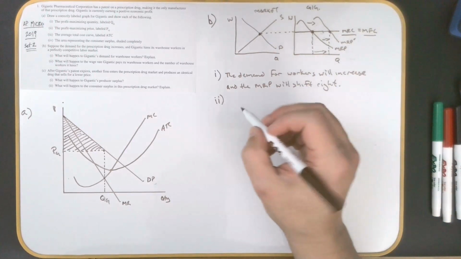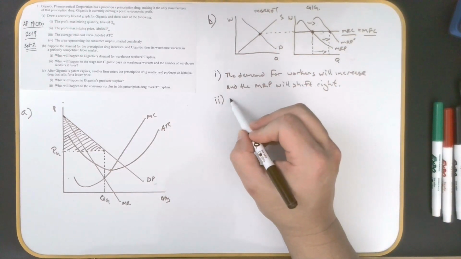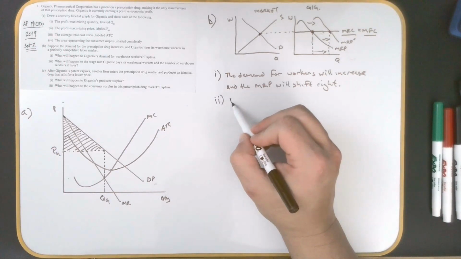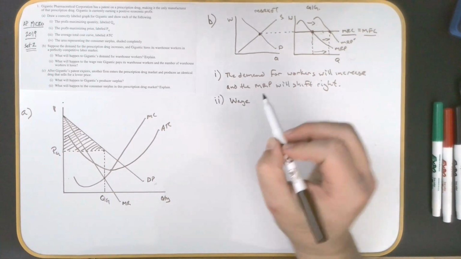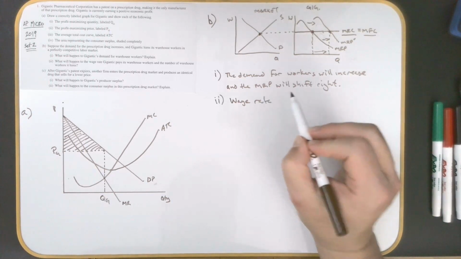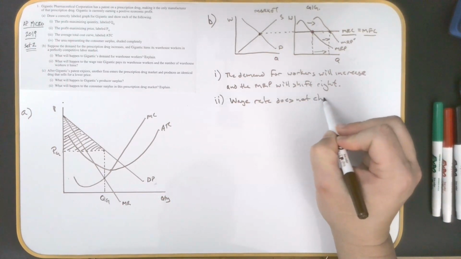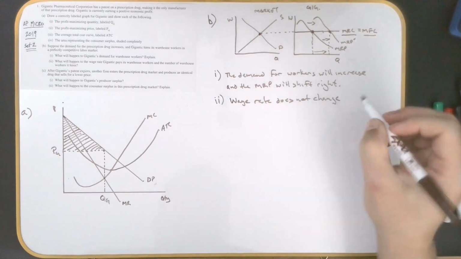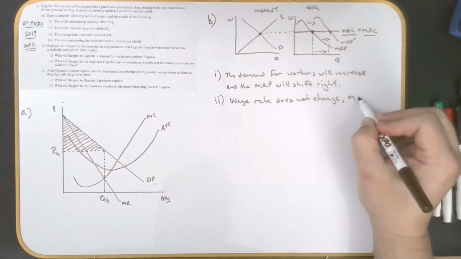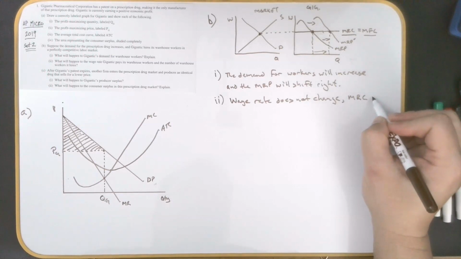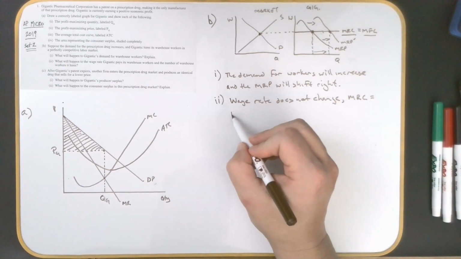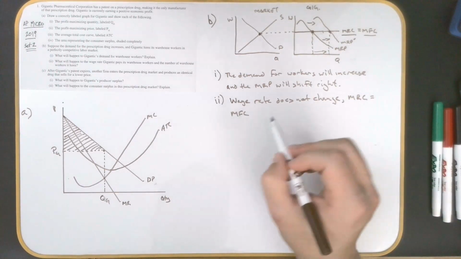So what happens to the wage rate Gigantic pays? No change in the wage rate. The wage rate does not change. And the reason is MRC, which is equal to MFC, whichever one you want to use is fine.